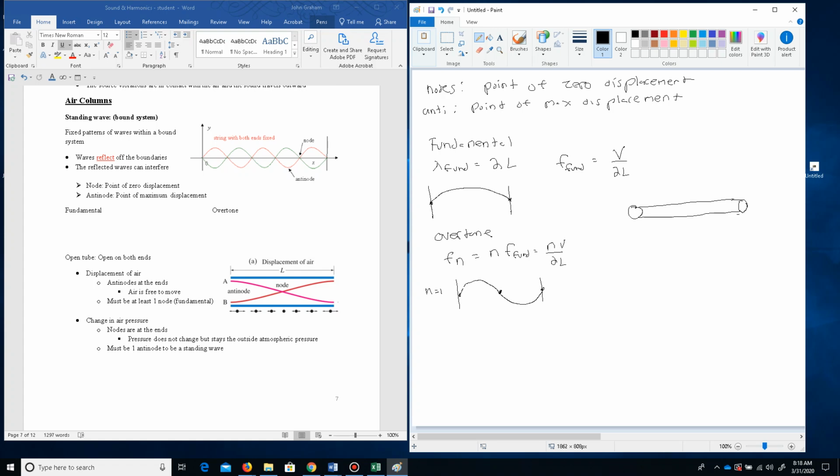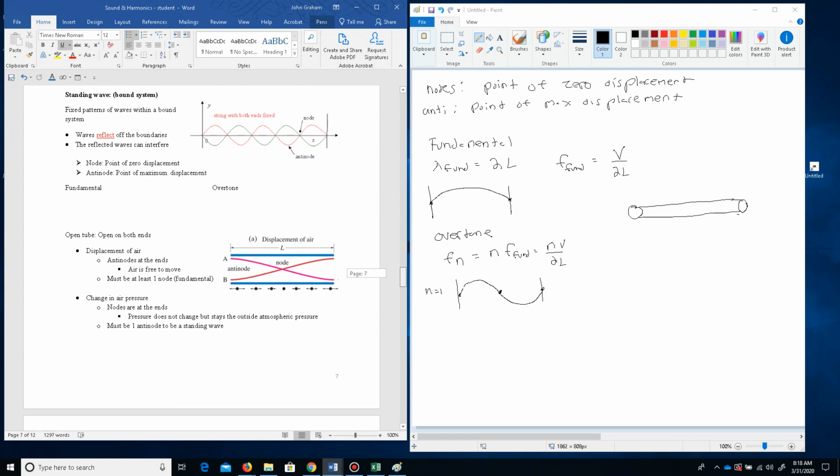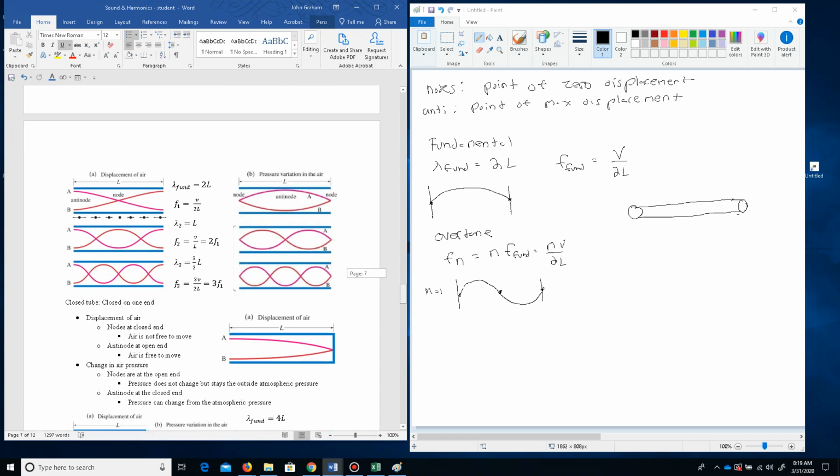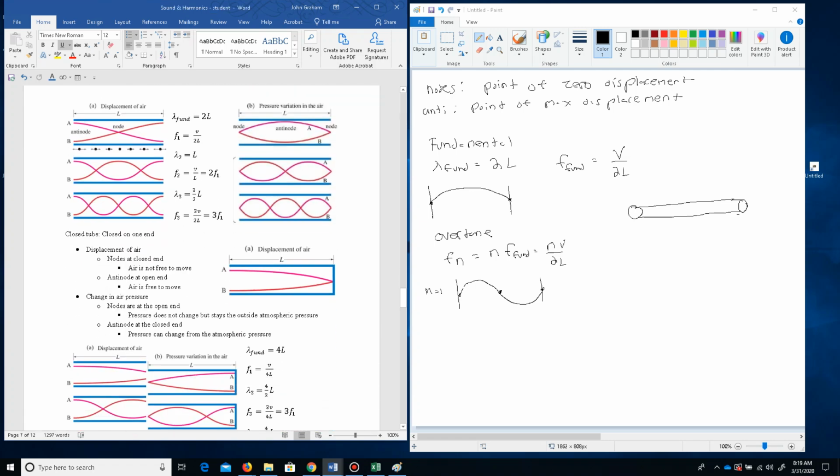Yes, I do, it's on the next page. So here's what it'll look like with the pressure, where you have the antinode on the inside and nodes on the outside.